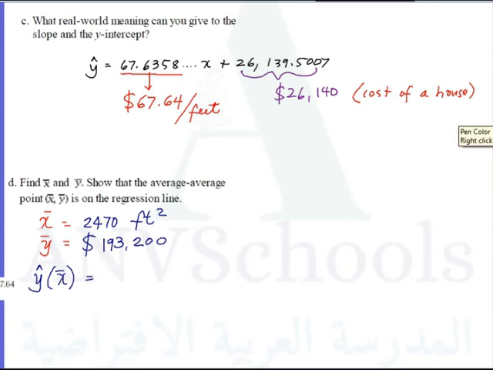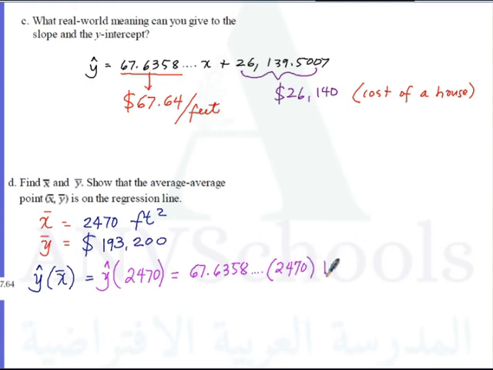Okay, now let's see if y hat contains the value of the mean for x. So let us see that. Y hat of 2470 will give us 67.6358 times the value for the mean of x, which is 2470, plus 26,139.5007.